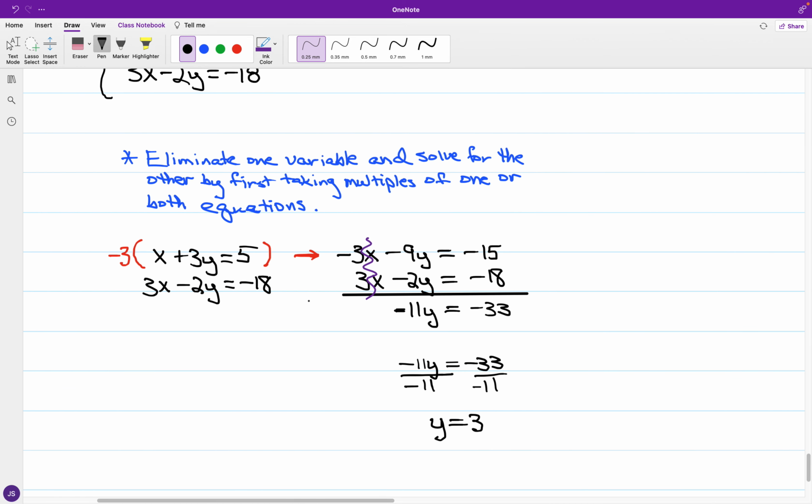Now we adjusted x plus 3y is equal to 5, but I can go back to where I started from. If I go with x plus 3y is equal to 5, you can use the other equation, but I think x plus 3y equals 5 will be a much quicker route to solving for x after already attaining y.